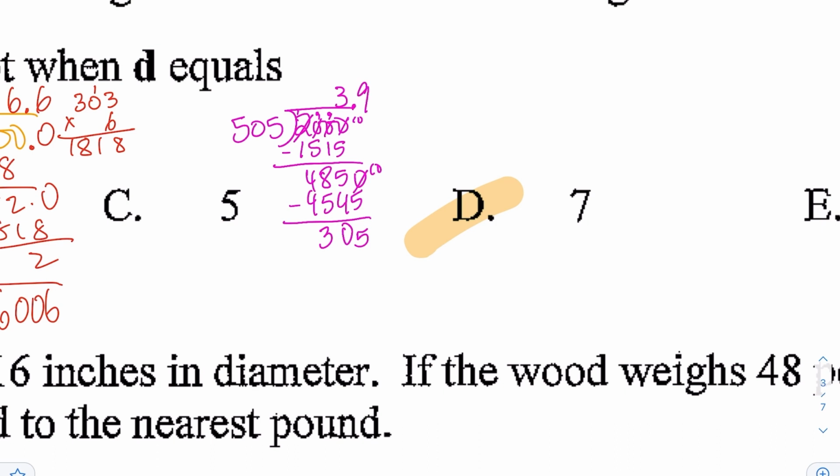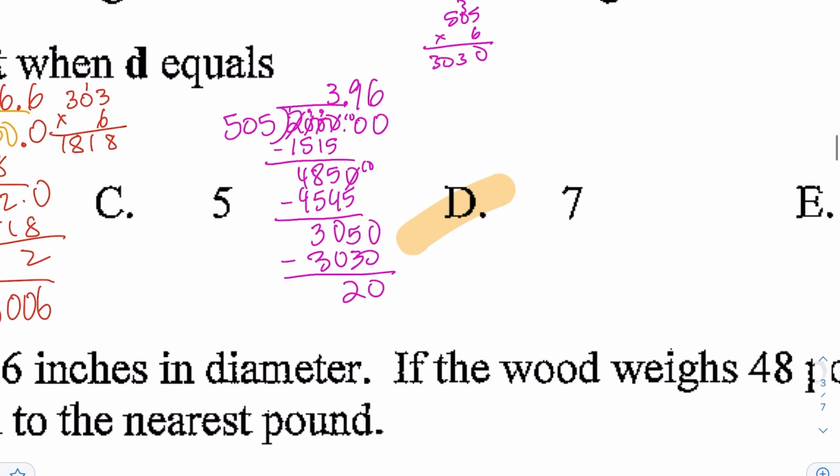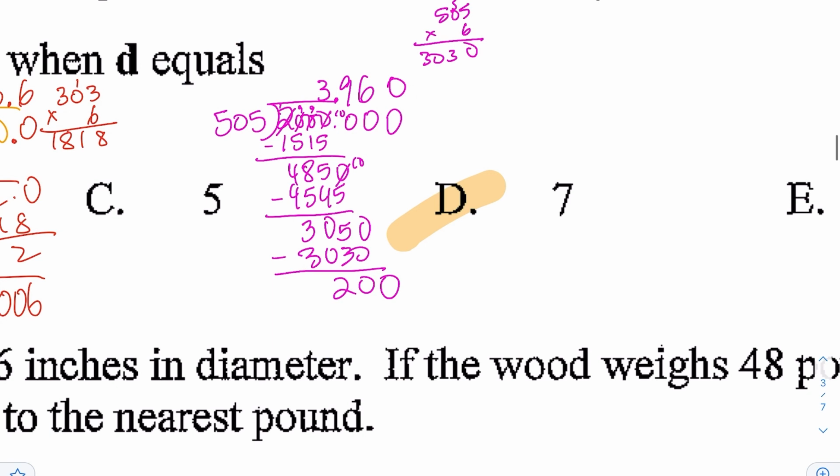All right, put another 0. And this would be 6. It'd be 30, 30. And here you get that 2 again. And then eventually it's going to repeat. So put another 0. So it'll be a 0 here.